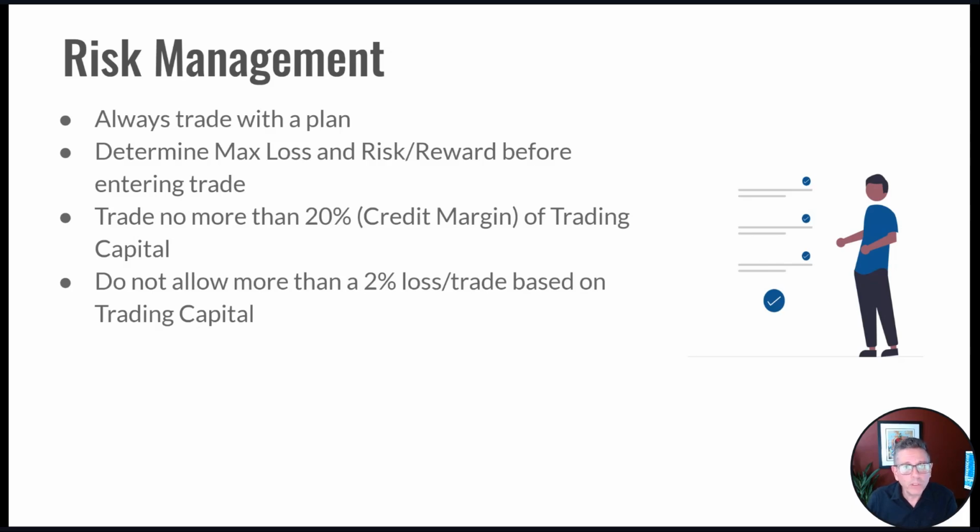Don't allow more than a 2% loss on a trade based on capital at risk. For 0DTE, I can tell you that with a $30,000 account, placing basically 4 contracts 10 wide, that's really the sweet spot for getting an edge on these trades.